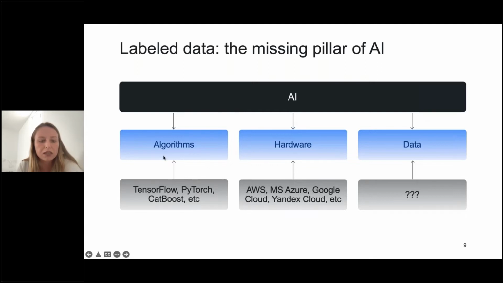For algorithms, we have really good libraries such as TensorFlow, PyTorch, maybe scikit-learn here as well. Hardware has also been explored a lot. We really have good storage and computing power, and it's available pretty much to the everyday user. However, the data part has not been explored so much, and we don't really have any well-known tools in this area. It's currently becoming a bottleneck for many AI products.